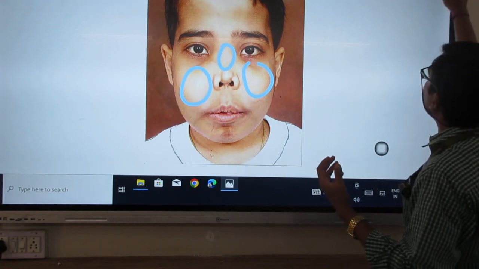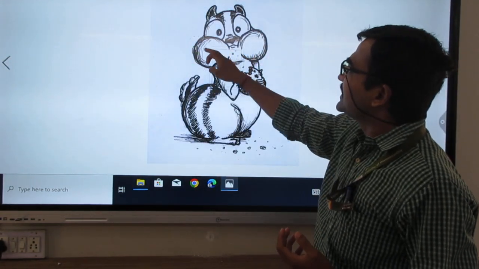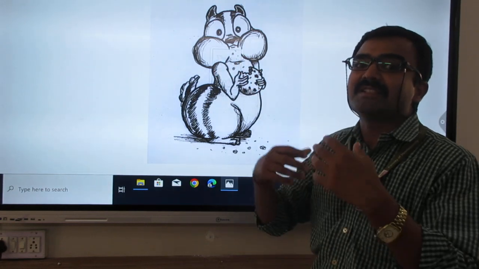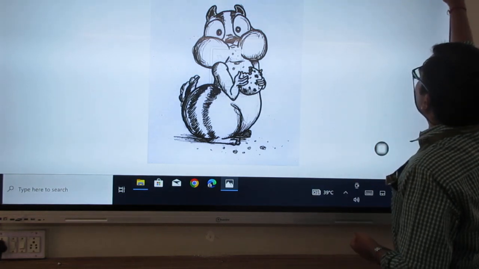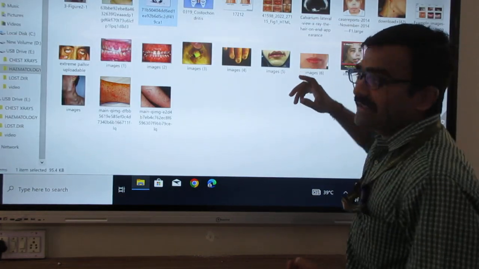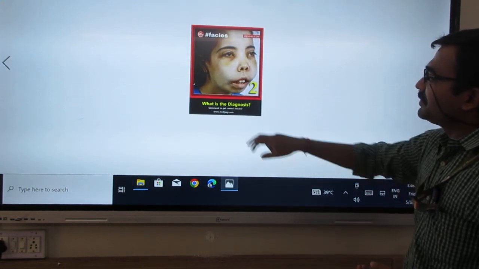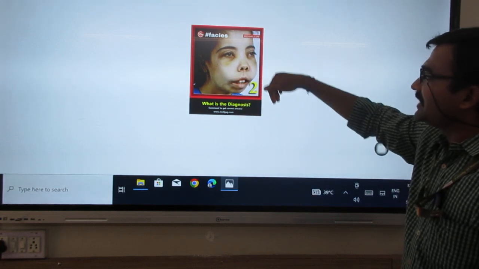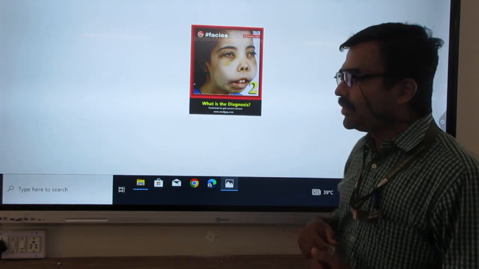Because it resembles the face of a squirrel. You can see the enlargement of the maxillary bone. So as it resembles a squirrel, we call it chipmunk faces, and this is characteristic of, once again, leukemia. See this one, the protrusion of the jaw bones, maxilla, the protrusion of the teeth, and the depression of the bridge of the nose.